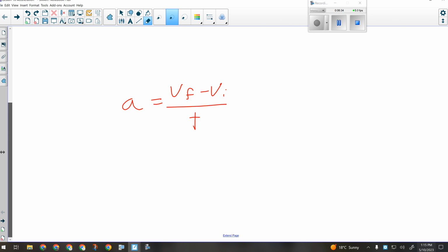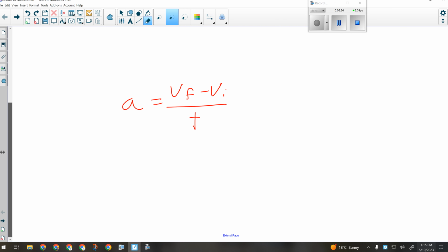Where should I move it to? To the other side. How do I do that? You multiply by t and then you divide by a. So I've multiplied both sides by t. T cancels here. T comes over here. Divide both sides by a, because I want to leave t by itself. A comes under here. So t would equal VF minus VI over a. That would be probably our easiest manipulation.